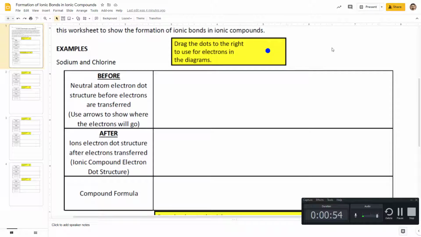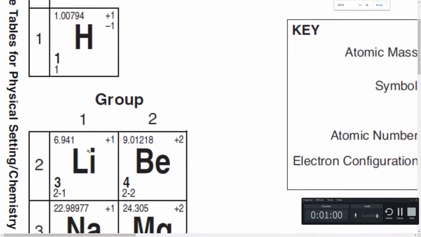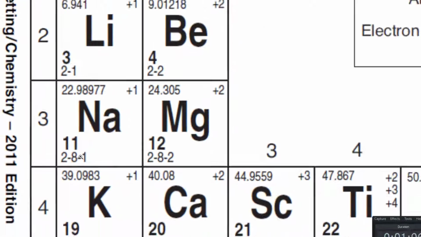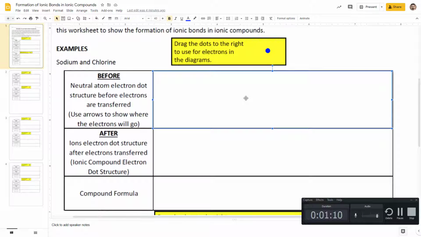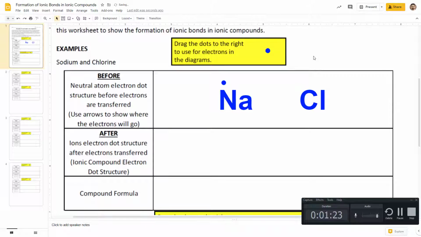So we look on the periodic table for sodium, and we see it right here. And it has an electron configuration of 2, 8, 1, and 1 is the valence electrons. So for sodium and chlorine, we're going to drag 1 dot over by the sodium symbol.